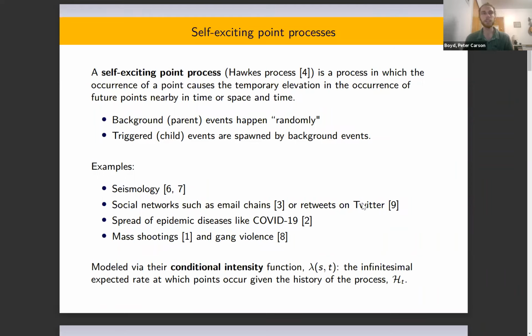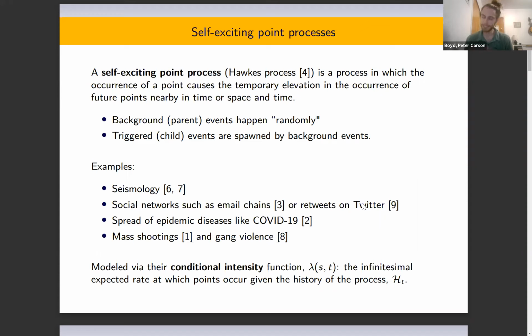So we can think of a number of applications, most notably in seismology, where a main shock happens due to geological phenomenon, and that main shock can then trigger aftershocks. Now, we can also use these models to assess social networks such as Twitter.